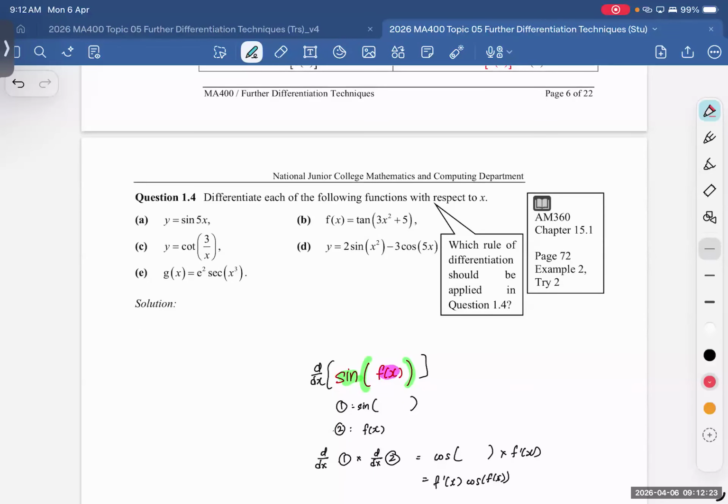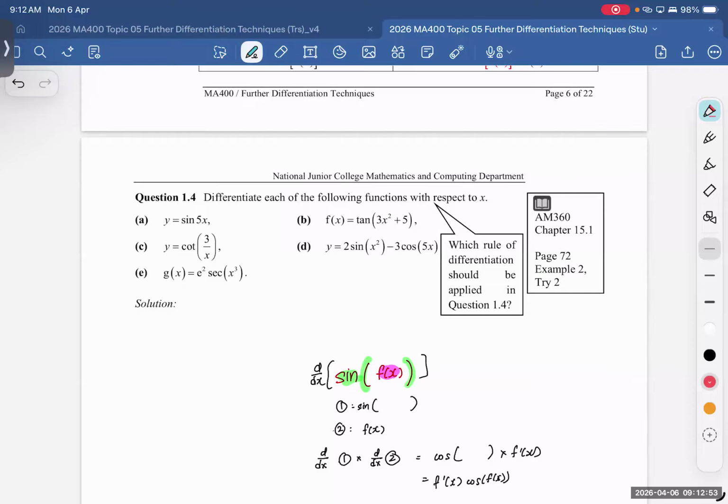2.1. Let me write the answer for 1. I'll start at 2.1. Who is done with 1.7 already? Who has not finished 1.4? Who has not finished 1.3?